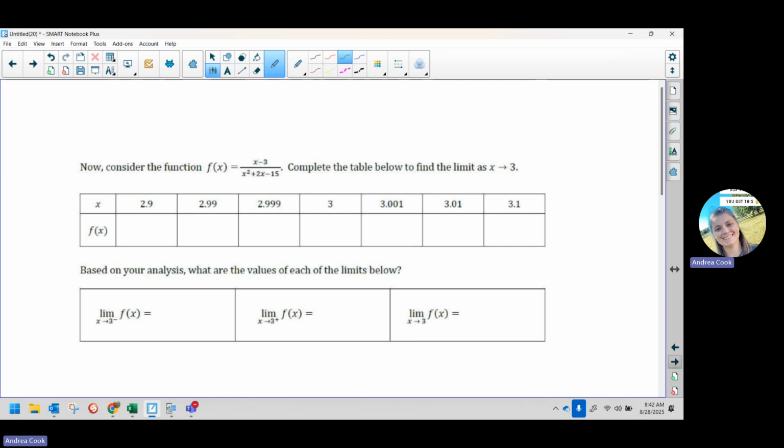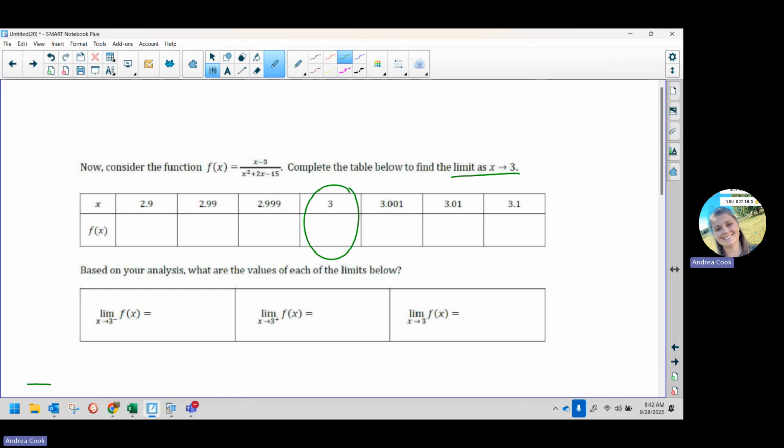So we are going to practice generating a table to make sure you know how to do that in your calculator. I gave you the function (x minus 3) over (x squared plus 2x minus 15). And we are going to complete the table to find the limit as x approaches 3. So 3 is in the middle of my table.